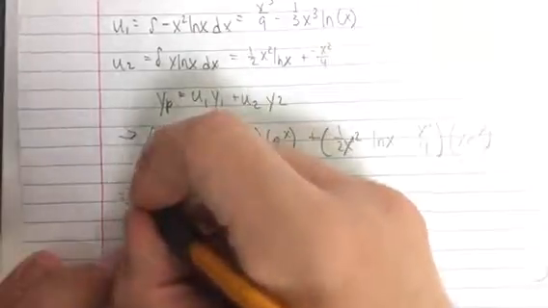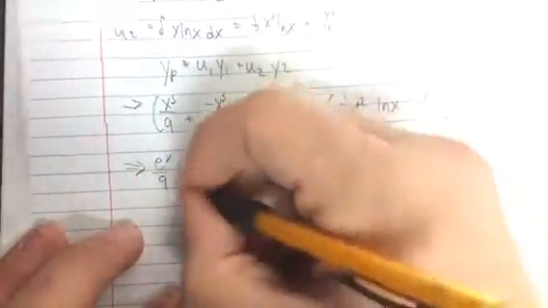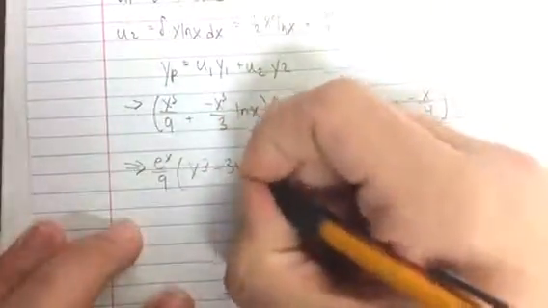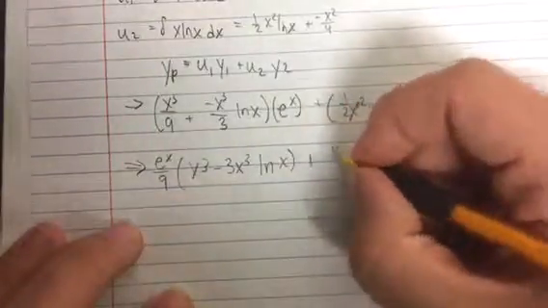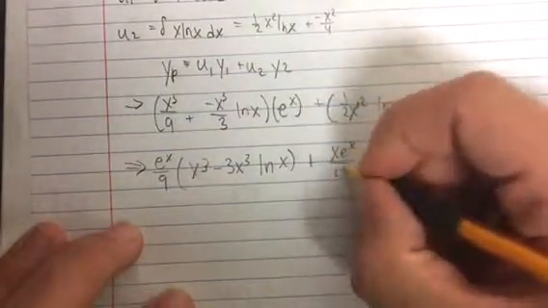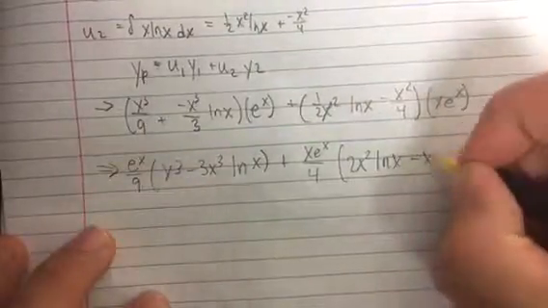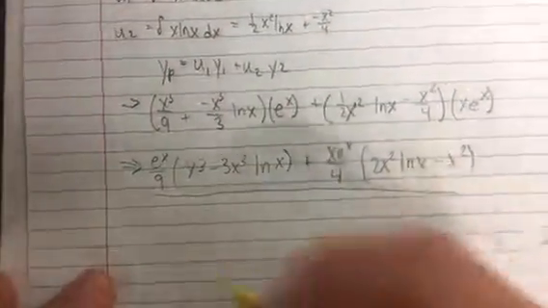If we simplify that to make it look a little nicer, we get e to the x over 9 times (x cubed minus 3x cubed natural log of x) plus x e to the x over 4 times (2x squared natural log of x minus x squared). So all of this is our y sub p.